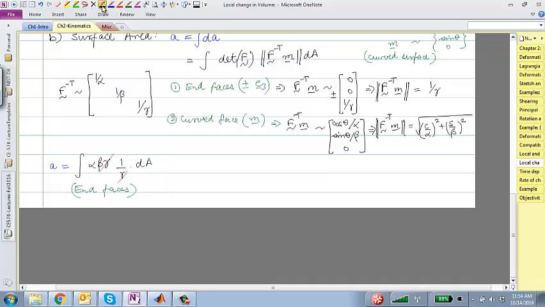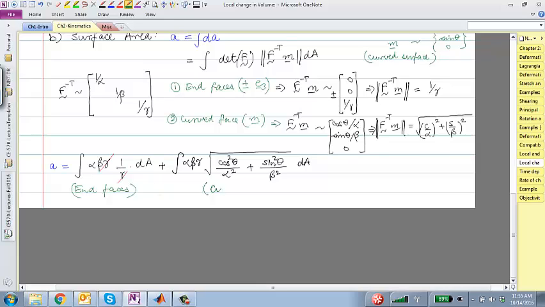But I'll also write the curved surface, integral alpha, beta, gamma, that's determinant of F, and times the deformed normal, which would be cosine theta squared divided by alpha squared plus sine theta squared divided by beta squared, and dA. Now this is an integral that you will probably not be able to do by hand.